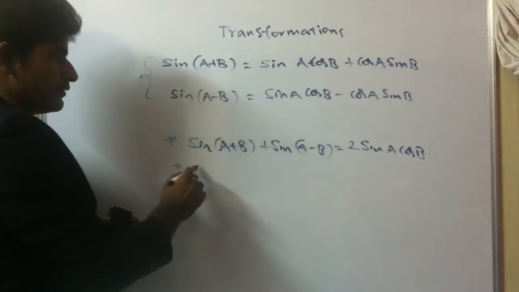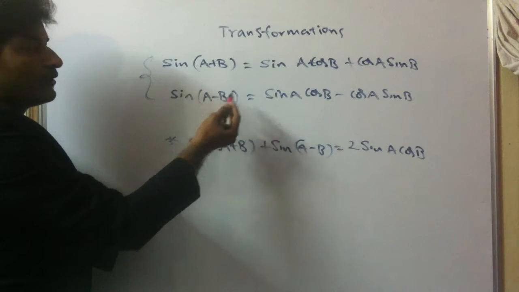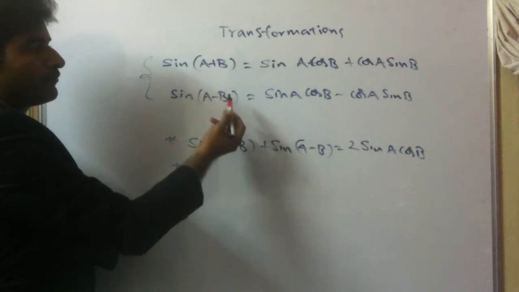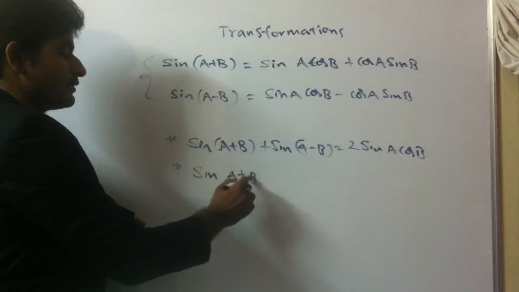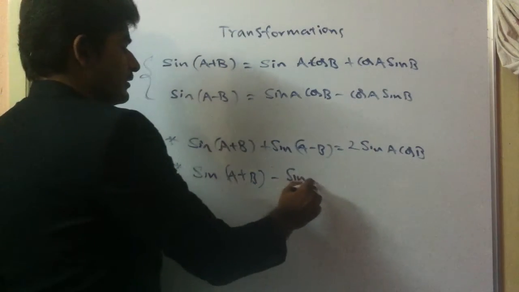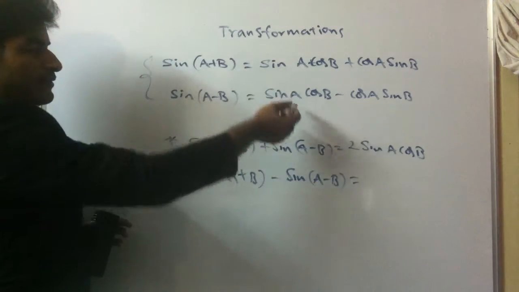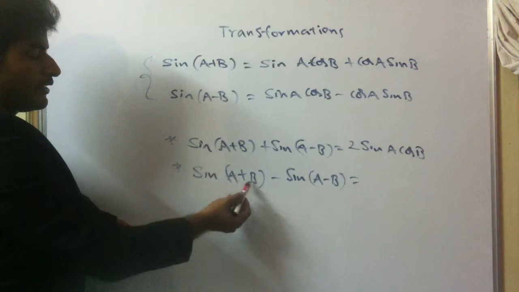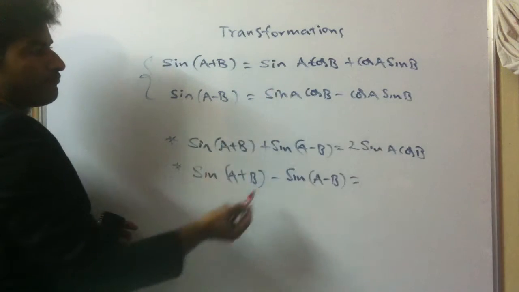Next, what happens if we subtract the second from the first? Sine of a plus b minus sine of a minus b equals, signs change because we are subtracting here. Sine of a plus b means sine a cos b plus cos a sine b.